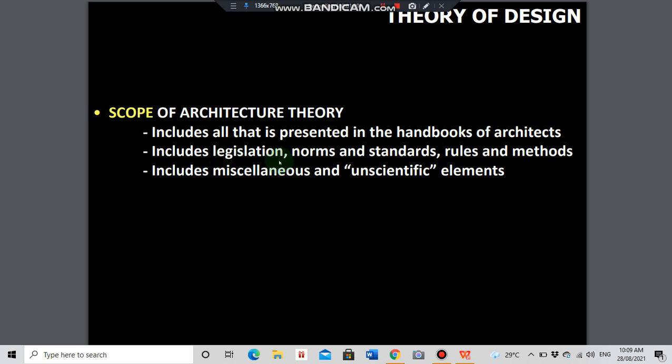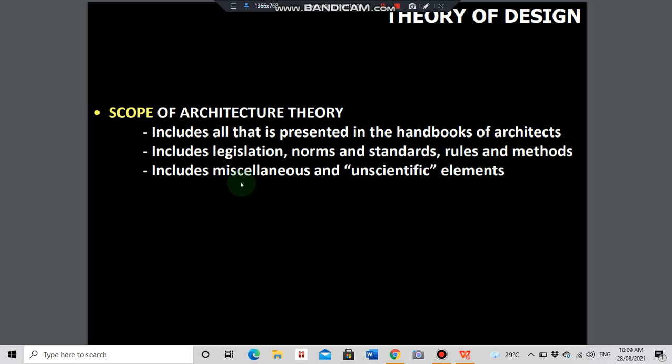Ito yung legislation of the government and other laws that pertain to buildings and architecture, of course. The norms and standards, rules and methods.